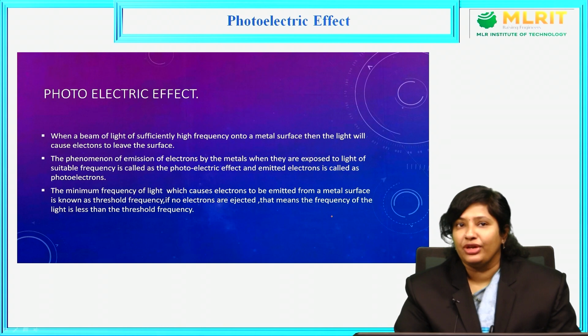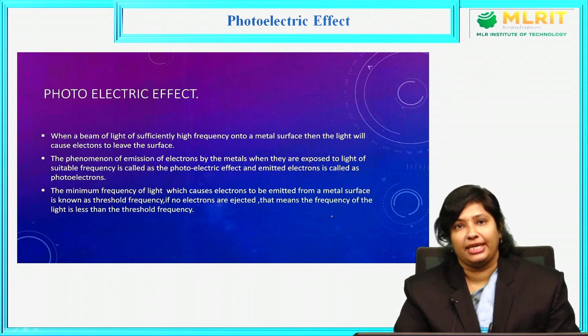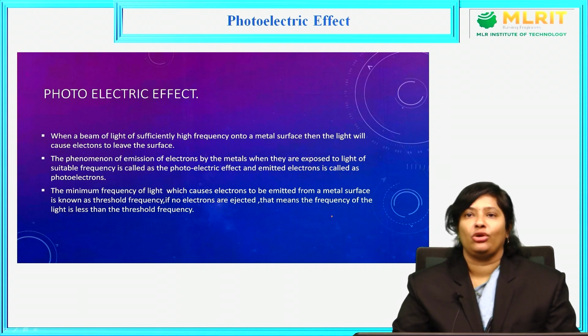The minimum frequency of light which causes electrons to be emitted from the metal surface is known as the threshold frequency. If no electrons are ejected, it means that the frequency of incident light is less than the threshold frequency.